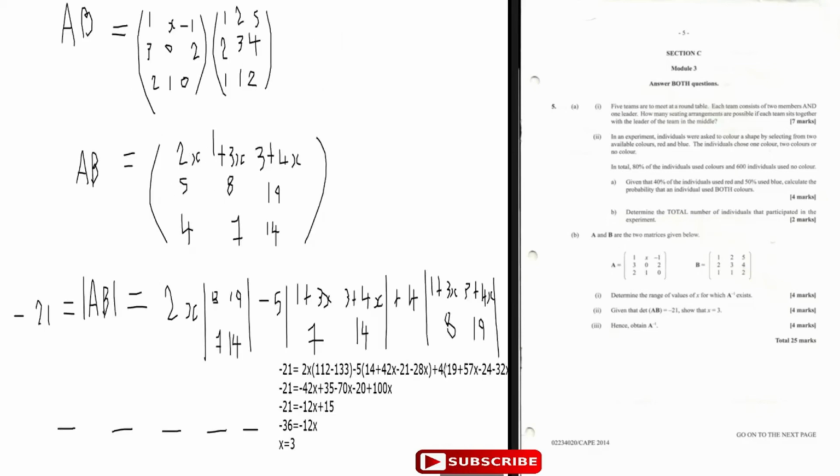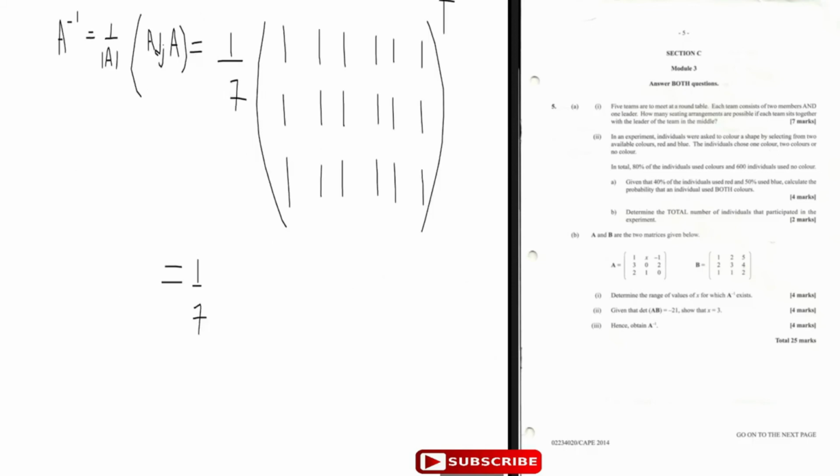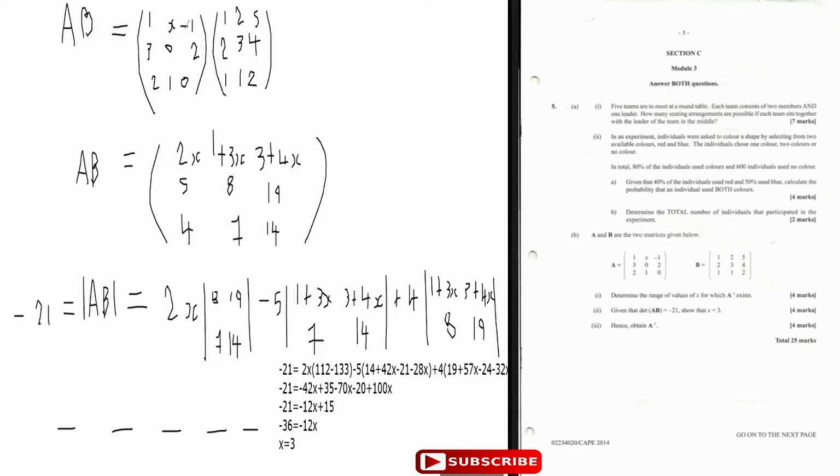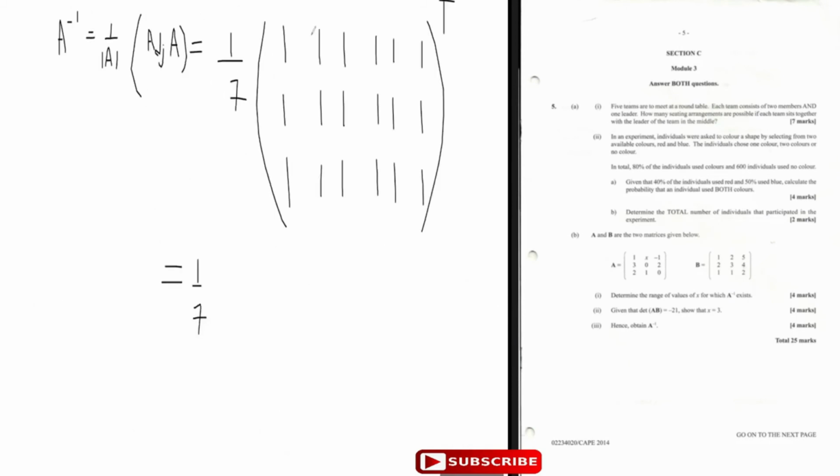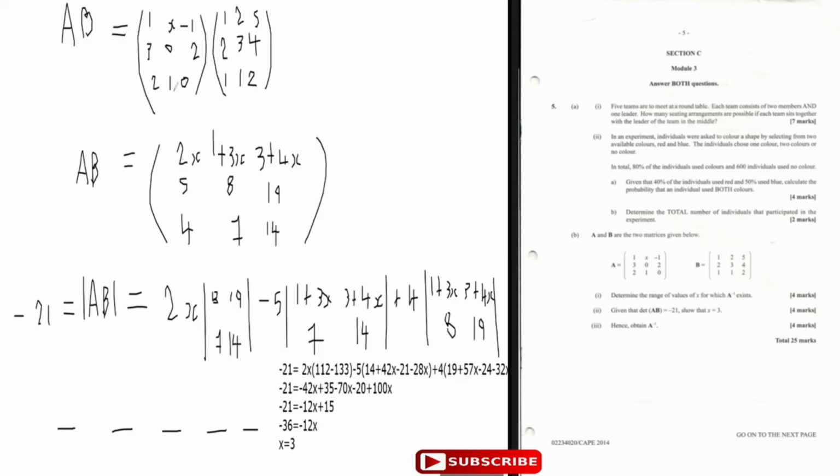Cofactor of 1 is going to be 0, 2, 1, 0. This is a plus. We have a minus here. And it's going to be, cross out this and cross out this. That is 3, 2, 2, 0.